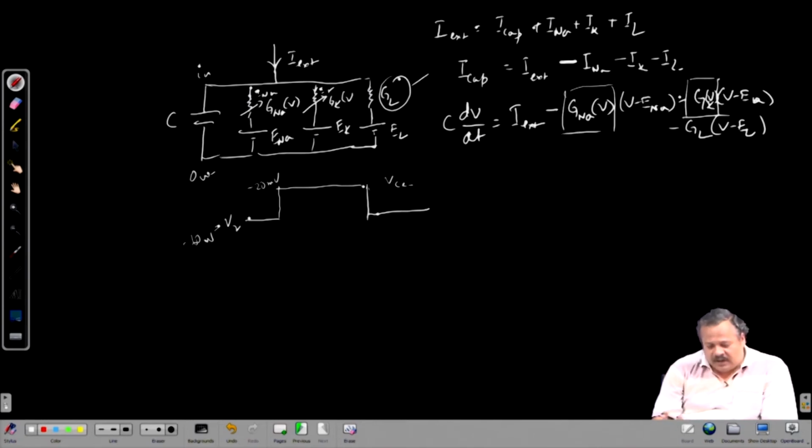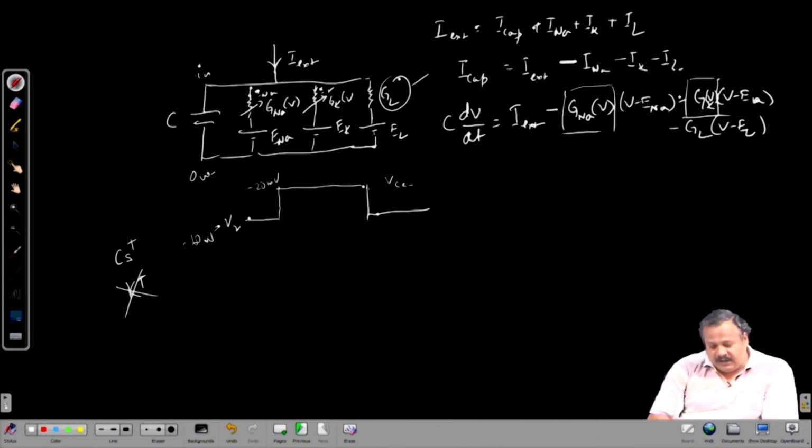Now, with a variety of other information, by putting in cesium ions that block the potassium channels, we are left with only the sodium channels.